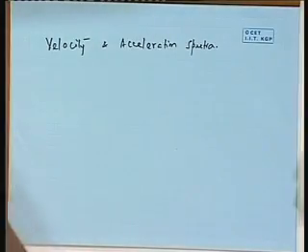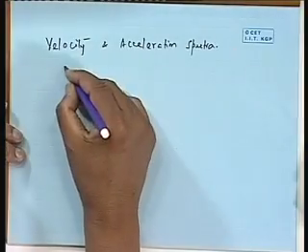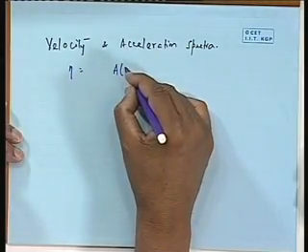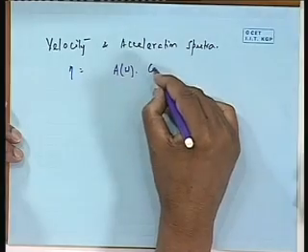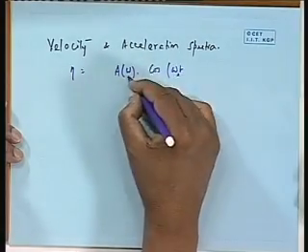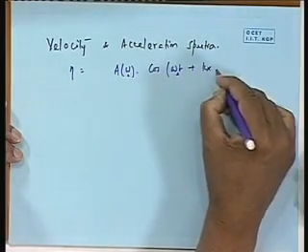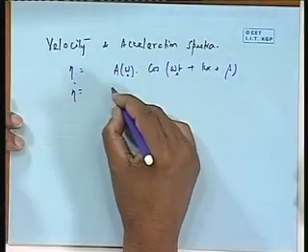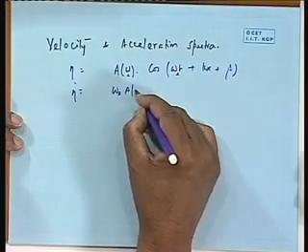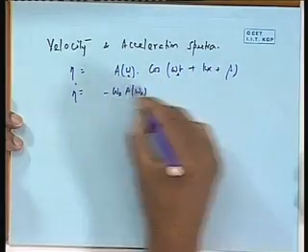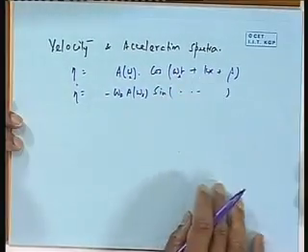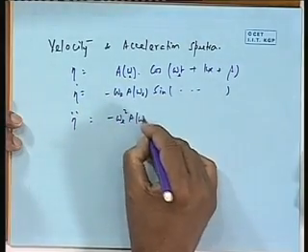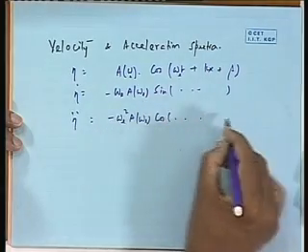Now you see, we will take a simple case of wave only. A wave eta was given as an amplitude into cos(omega t), let us say omega_e t plus kx plus some beta. So eta dot is velocity. This is going to be omega_e a(omega_e) into minus sine of this thing, and eta double dot equal to minus omega_e square a(omega_e) cos whatever.